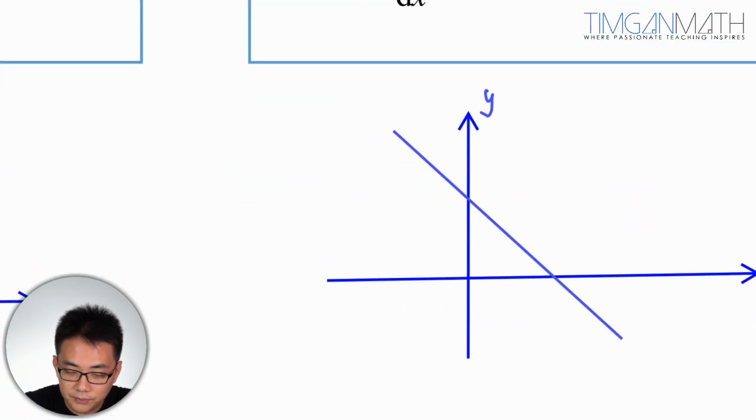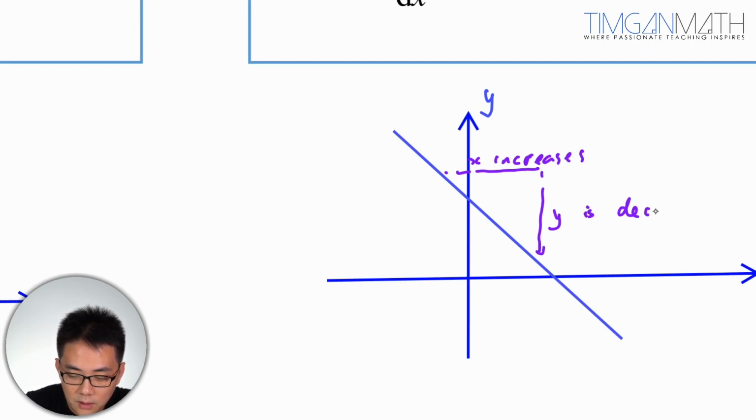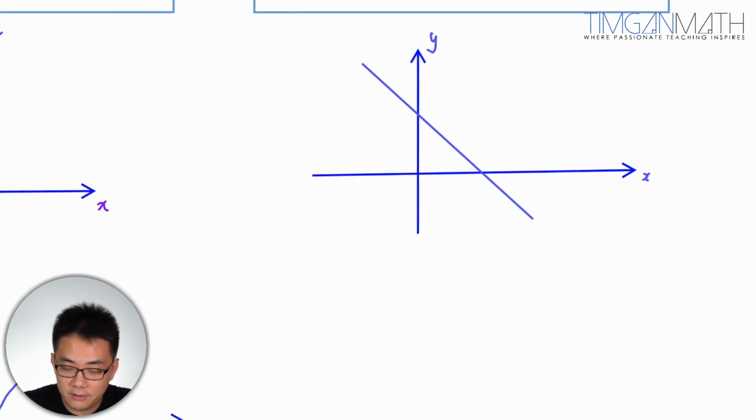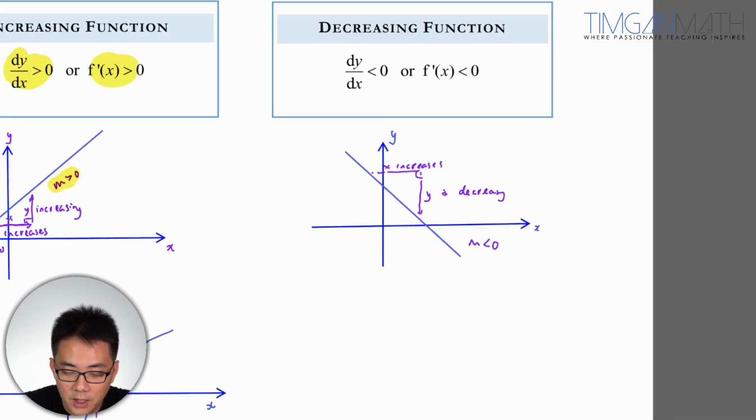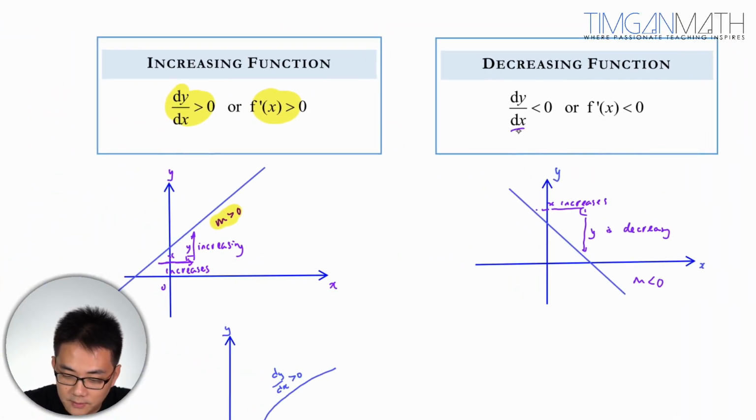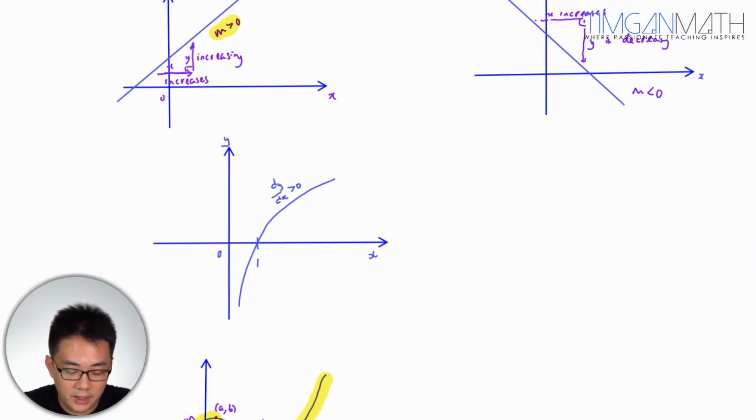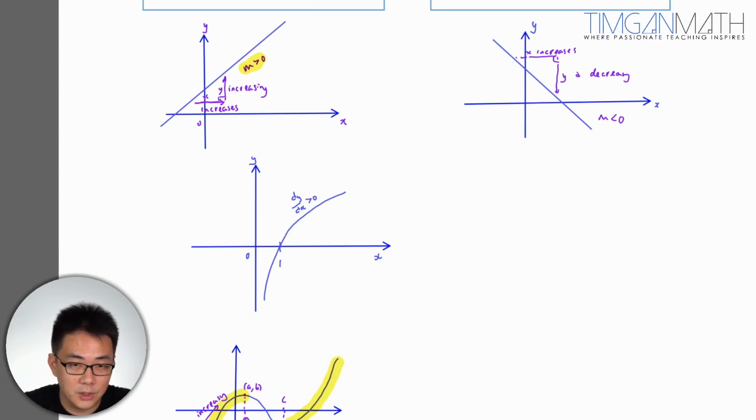As x increases, y is decreasing. It's just a negative slope, and the gradient, which we know is dy dx, is less than 0.